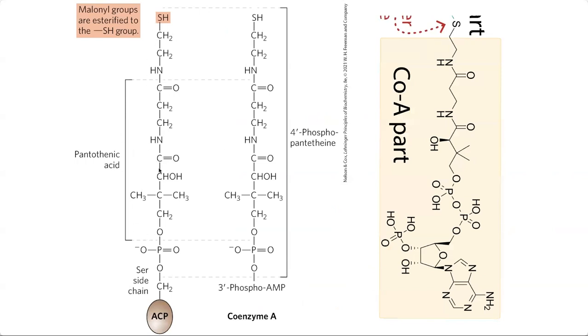And so basically it's almost identical to our CoA, except that instead of being bound to a 5-phospho-AMP, it's bound to a serine. So it's bound to a serine in this ACP protein, covalently attached to this group, which has this sulfur that's going to be swappable.